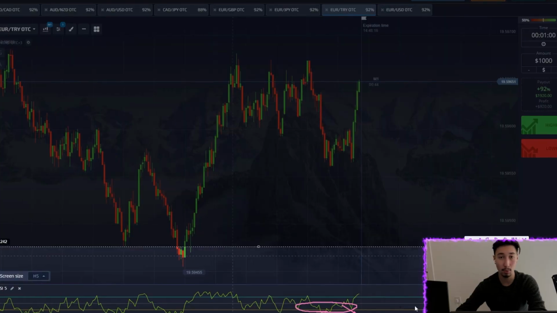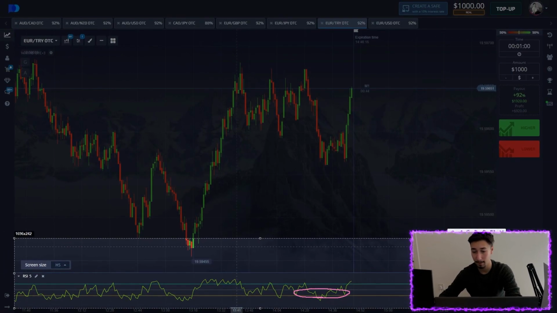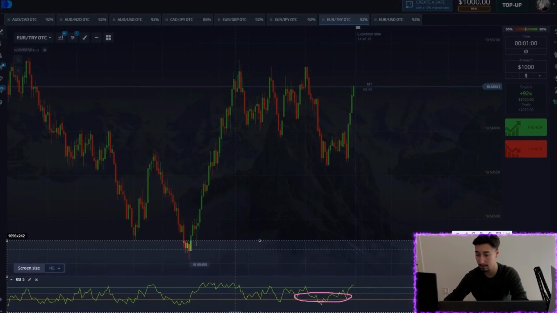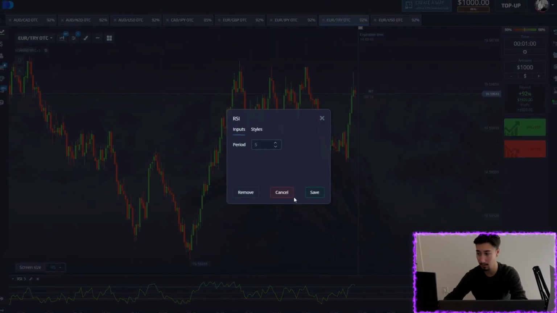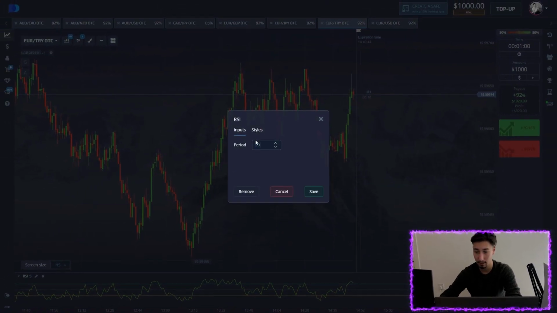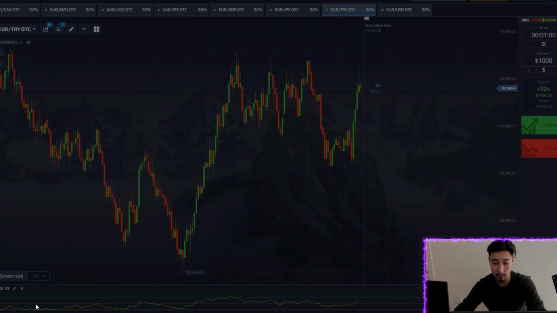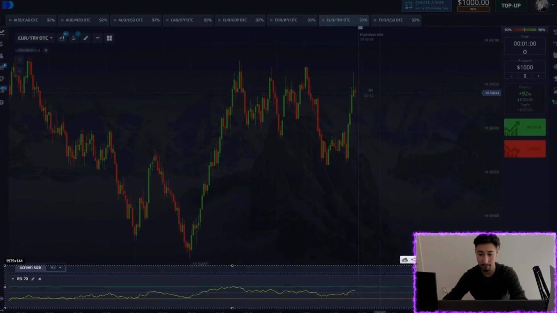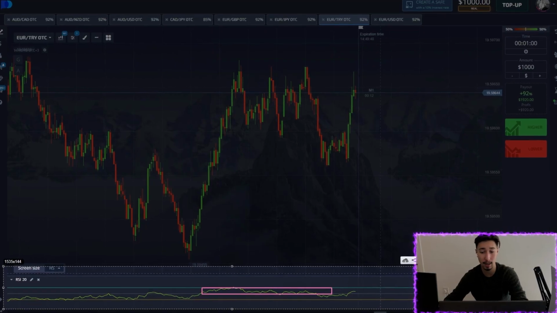Basically, on a 1 minute time frame, the level 50 is not that important, right? So we could add one more RSI, I guess, and set the period to 20. There we go, and now it becomes clearer. So when the RSI is above the level 50, it indicates that the price has upward dynamics.